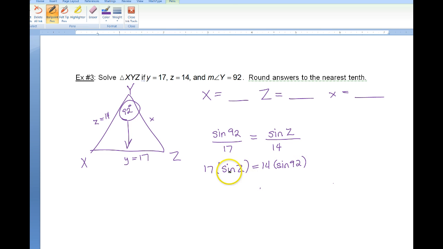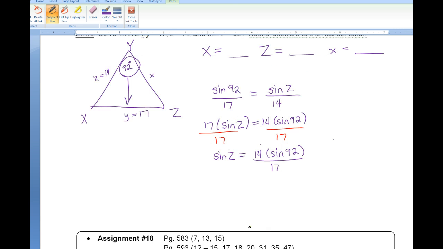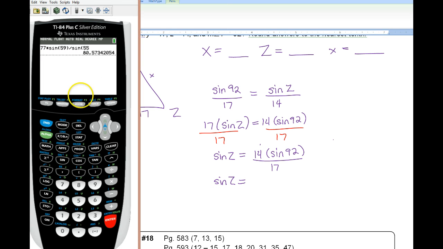Now I can't divide by sine, so what I'm going to do is divide by 17 on both sides. And I have sine of z equals 14 times sine of 92 over 17. Now I know I'm going to have to do sine inverse at some point, but to make it a little bit easier to deal with, I'm going to turn this into a decimal.